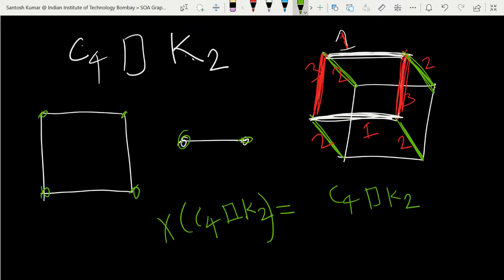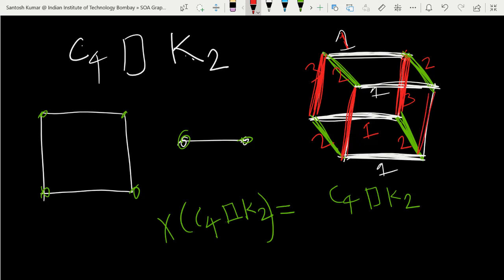And 2 I'm using this, 2, 2, 2, and 2. So 1 we can take this, and 1 we can take this. So 3, 3, 3, and 3. Check. At each vertex you will see that incident edges have different colors, isn't it? Yeah, so it is 3.